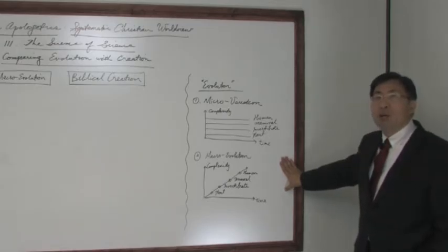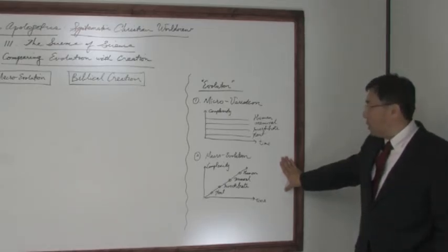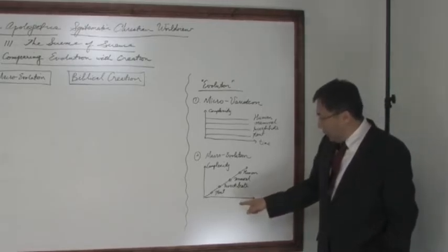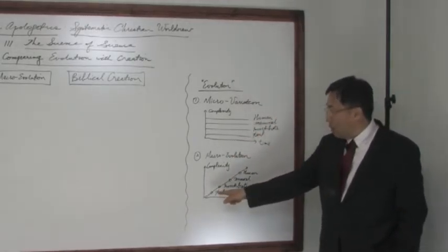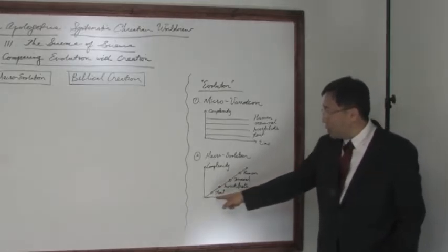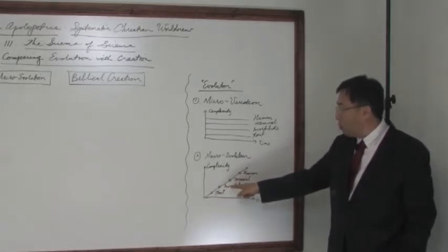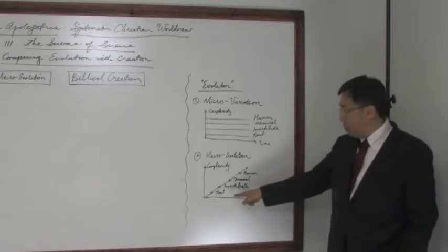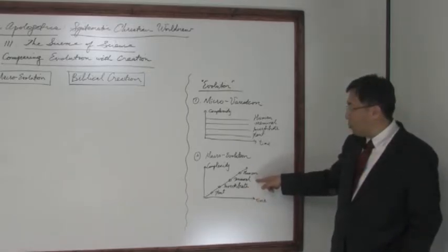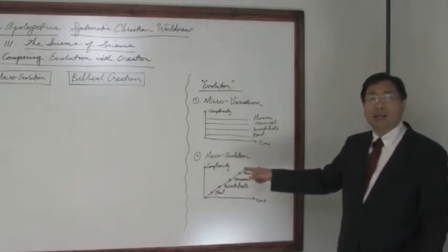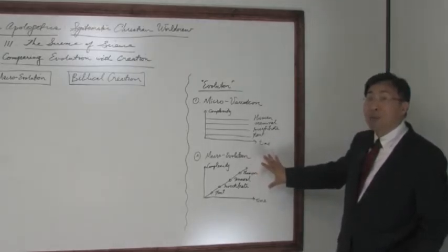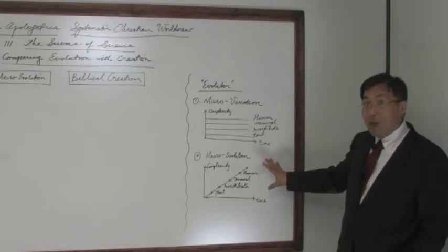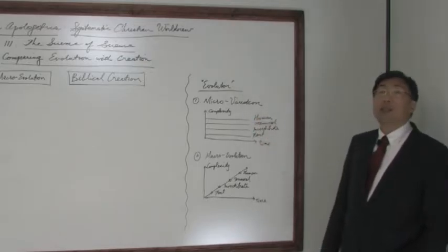Okay, the theory of macroevolution means that the complexity of life, according to time, changes from the simple to the more complex. So plants to invertebrates to mammals to humans. See, that is macroevolution. It is this theory that I am judging by the scientific standards.